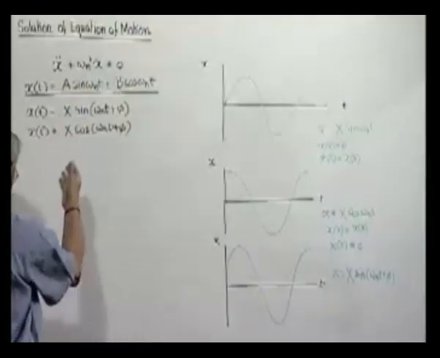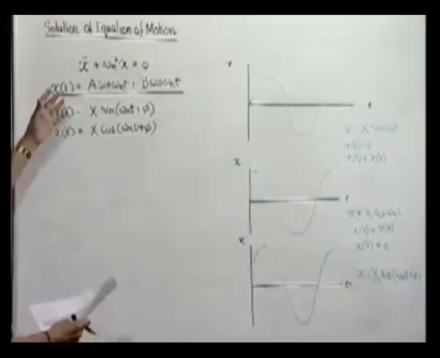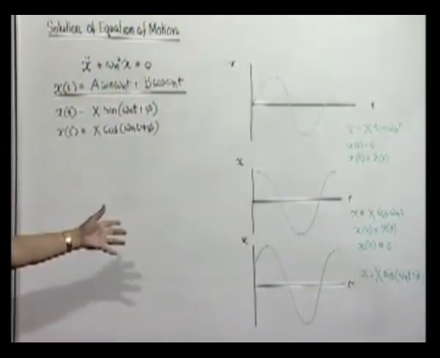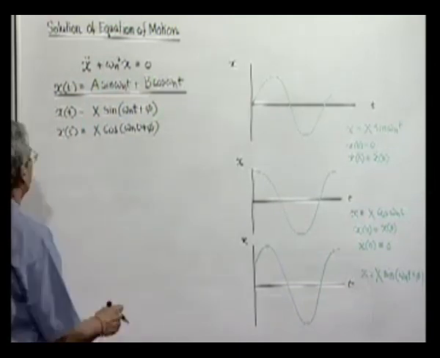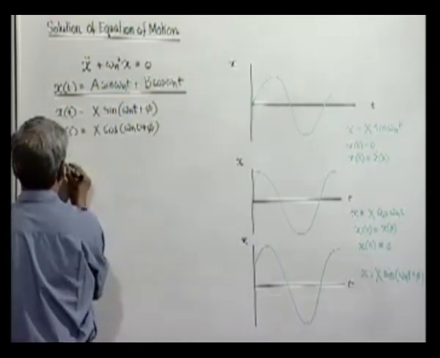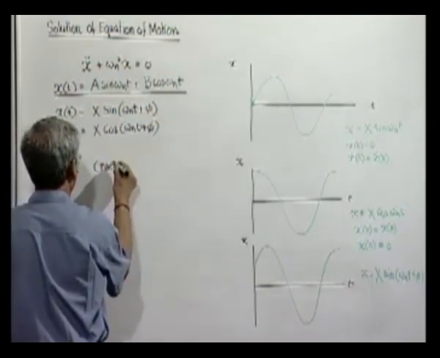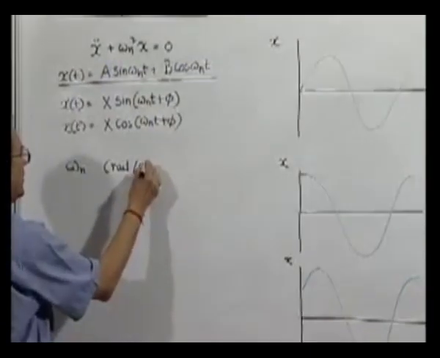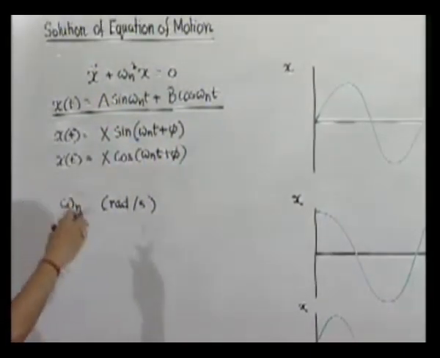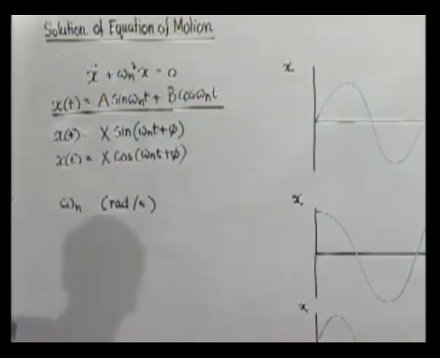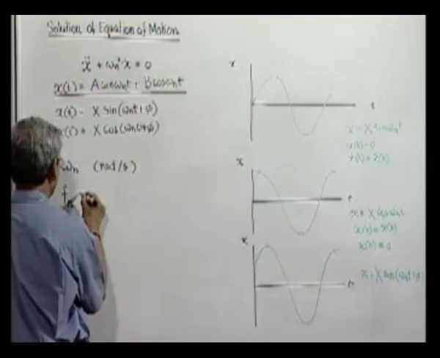So, therefore, what we find is that the solution to this is a simple harmonic function of time, either sine, cosine or a combination of that, where the circular frequency in radian per second is the natural circular frequency. The actual frequency is in cycles per unit time.